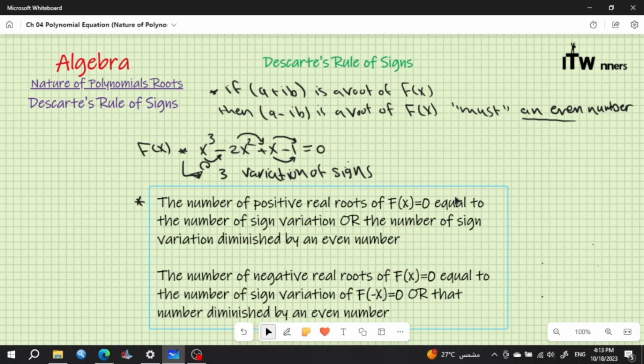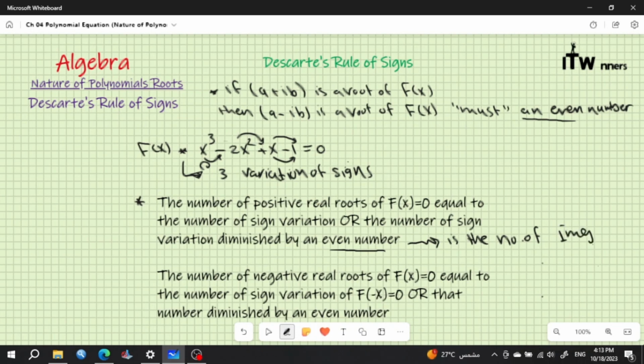Descartes' rule of signs said that the number of positive real roots of f of x equal to the number of sign variations, or the number of sign variations diminished by an even number, okay, and we are sure that this even number is the number of imaginary roots, okay.